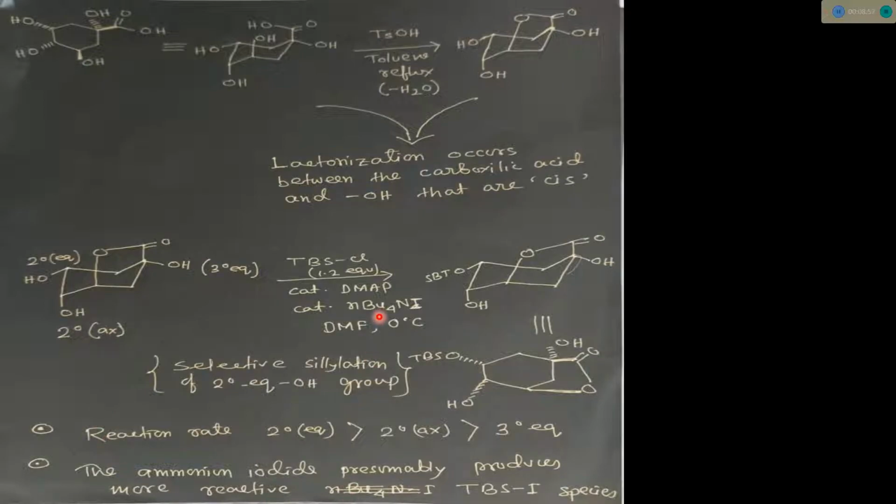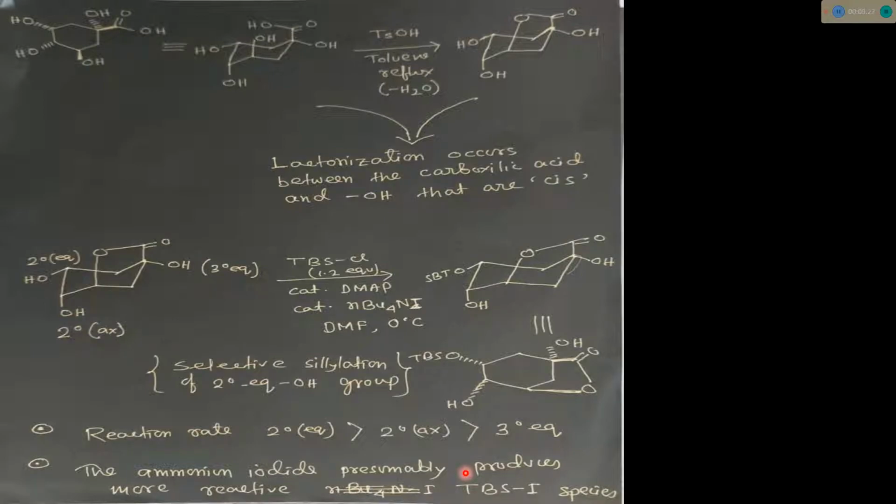And they used tetrabutylammonium iodide in the reaction medium where TBSCl is there. In presence of this tetrabutylammonium iodide, the more reactive species TBSI will form. And we all know iodide is a very good leaving group, so they use this salt to form a more reactive species, TBS iodide, in the reaction medium.